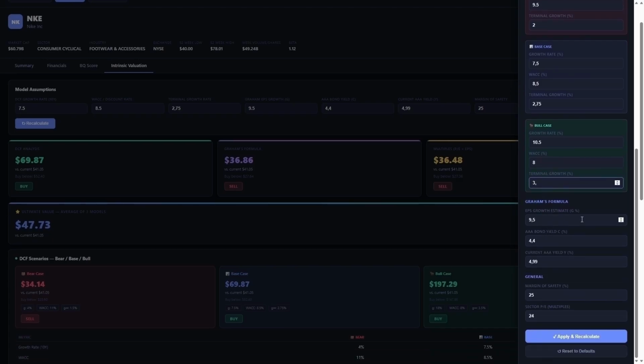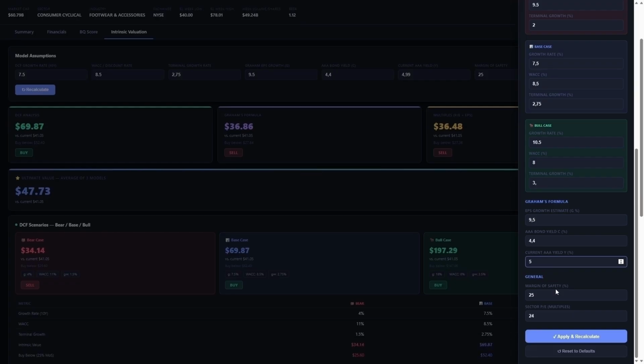Then also for the Graham formula, you can change some data as this is not fixed. So let's say I want to change this, but we keep this on 9.5, 4.4 is okay, 5 is okay, let's just put 5 to change something, 25 and 24 is okay really, so nothing to change here.